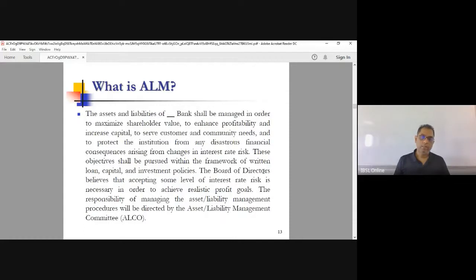What are you saying? The bank will manage its assets and liabilities to increase profitability and capital and basically give its shareholders maximum value while taking the right amount of risk, basically the risk that the board of directors believe is acceptable for the type of business that the bank is in, and also while doing that, serving its community, etc., etc. The responsibility of managing the assets and liabilities of banks sits with the bank's assets and liability committee.